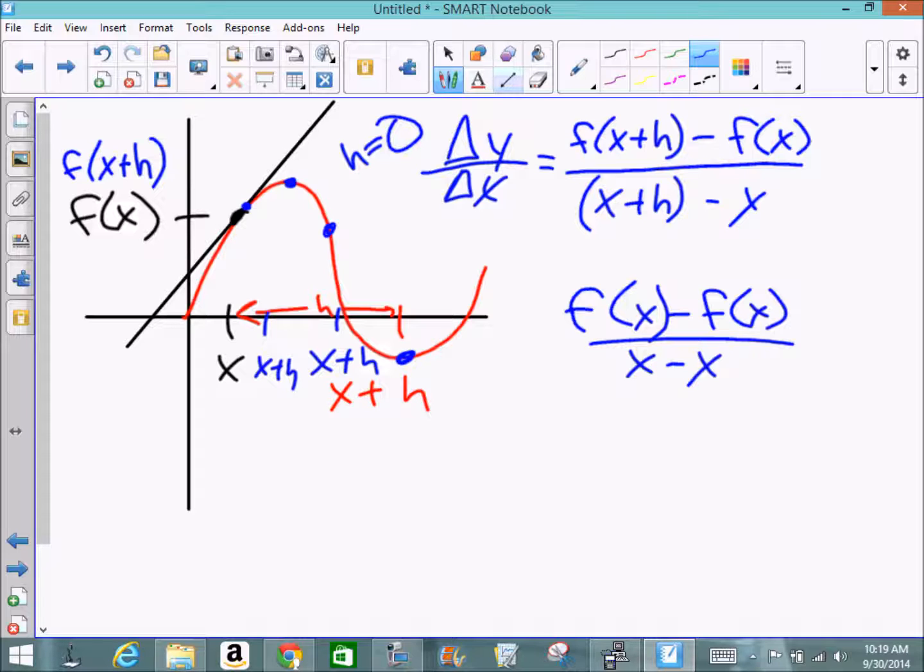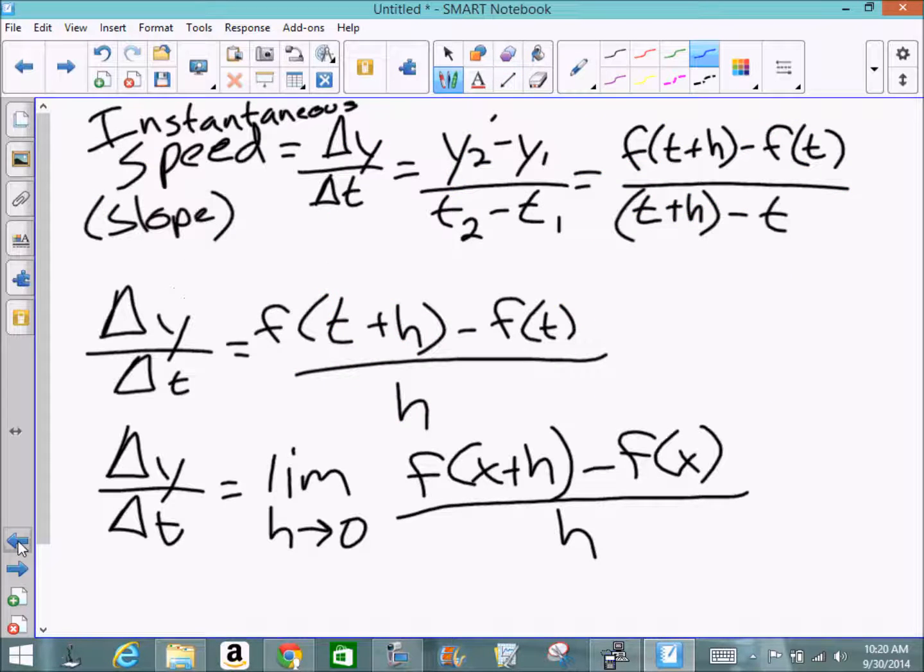So I can't plug the 0 right into the function. This is why we have to take the limit as h approaches 0. It's a subtle difference, but it is important to have that difference. In other words, I can't algebraically just plug in 0 for h, although ideally that would work out nice.